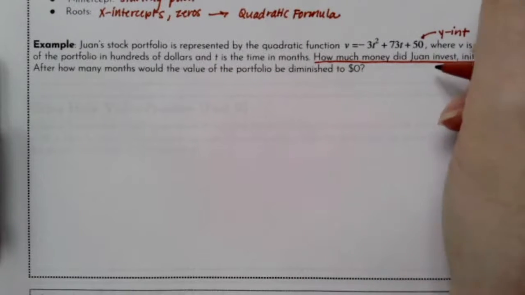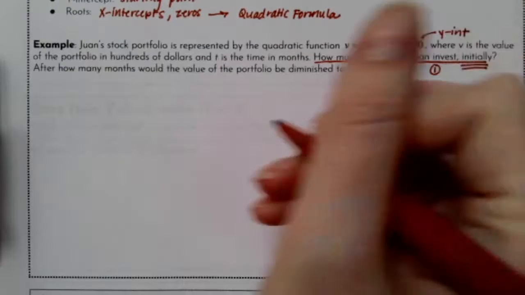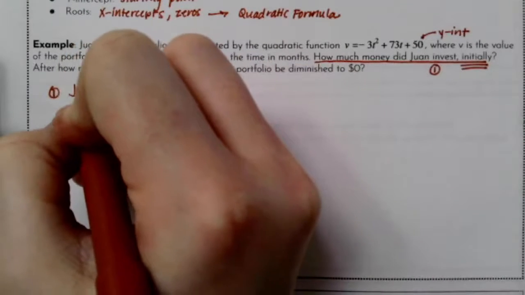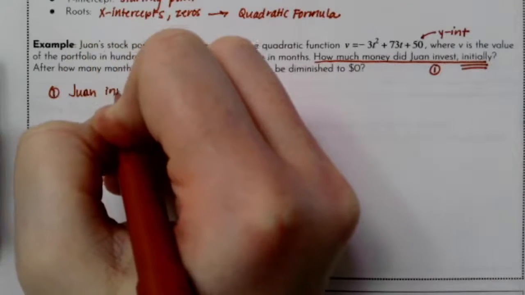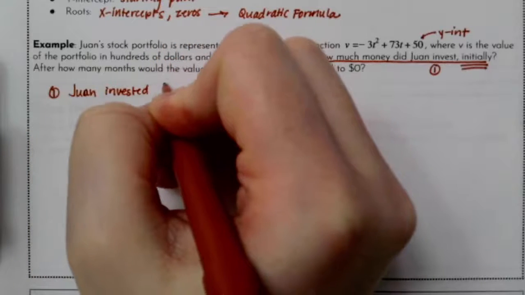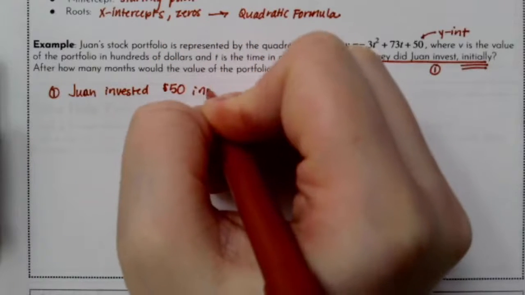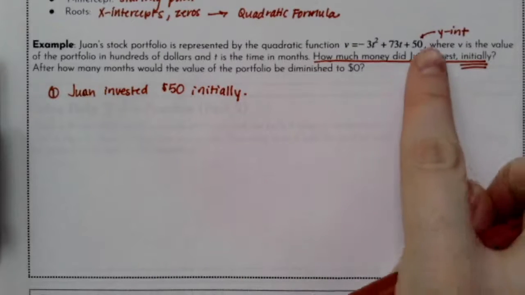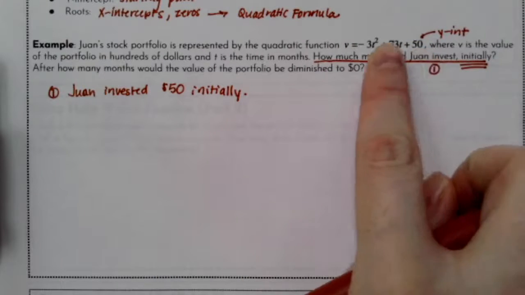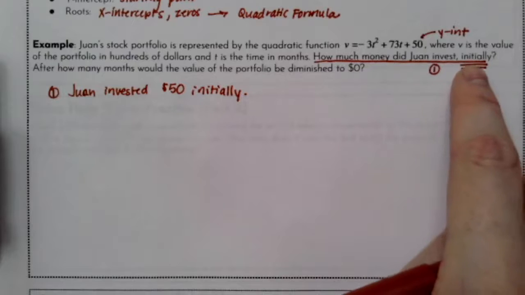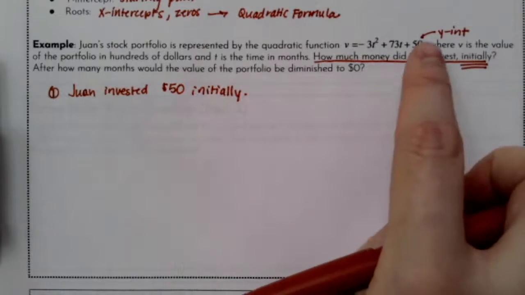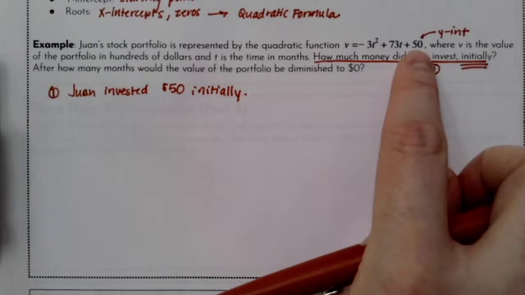To answer, I'm going to label this question 1. To answer question 1, we can say Juan invested $50 initially. So he started with $50. If it's ever asking you for the y-intercept or the starting point, it's always the one without a variable. So that's where we started. If there isn't one without a variable, then you started at 0.